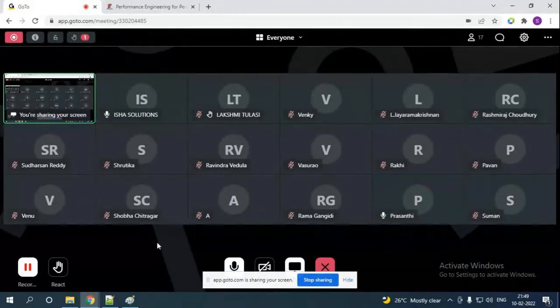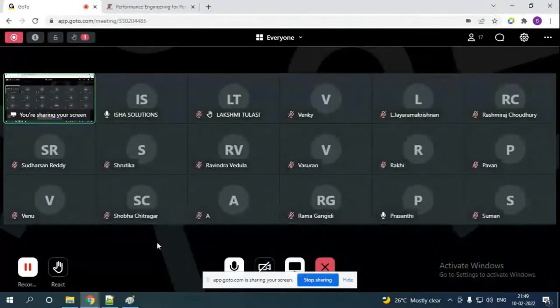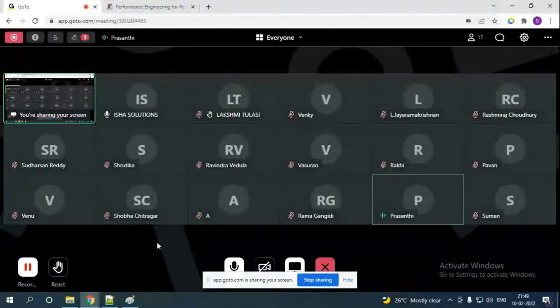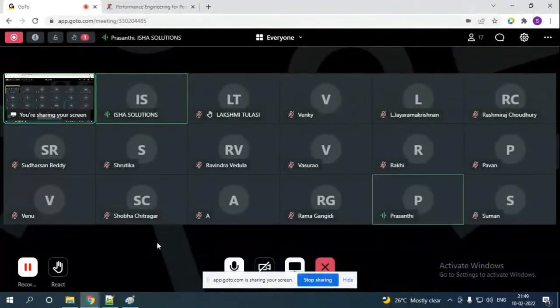My second question is on load balancing. Are we covering load balancing also? Specifically, we did not cover load balancing. Two or three batches before, one of the learners wanted to know what a load balancer is and what types there are.